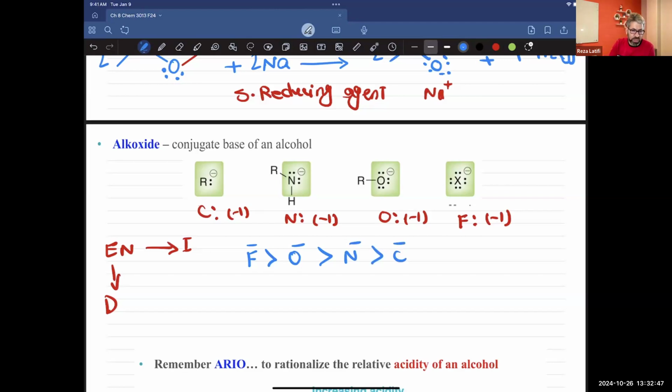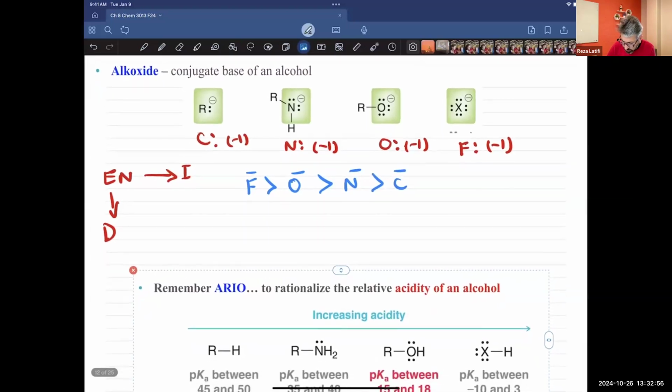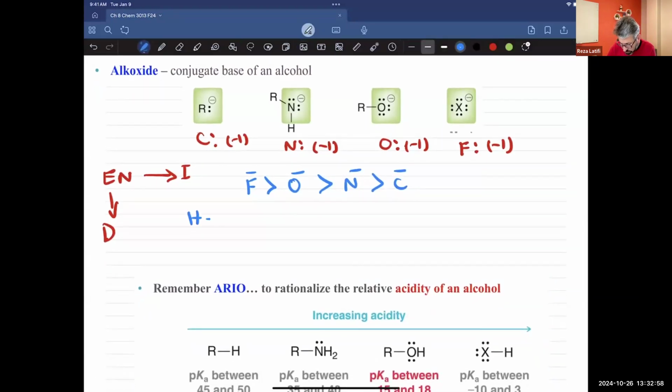So if I know that F is more capable of handling the negative charge, I'm going to say HF will be a stronger acid than, for example, H attached to oxygen or H attached to nitrogen. And that's true. This acid is stronger than water, and this one is stronger than ammonia, and stronger than methane.